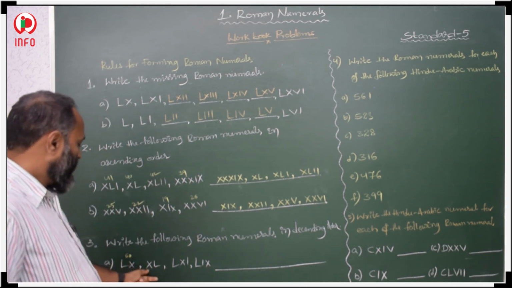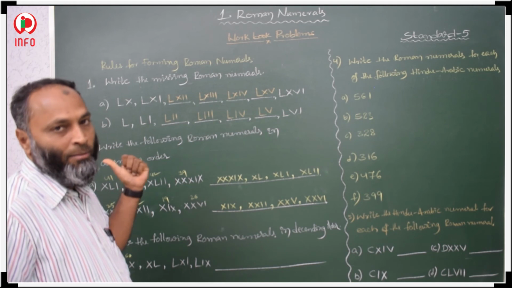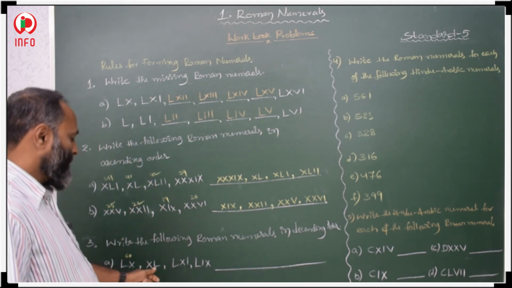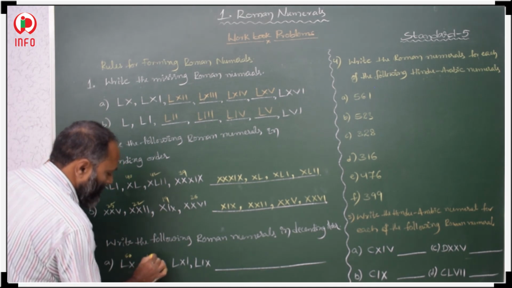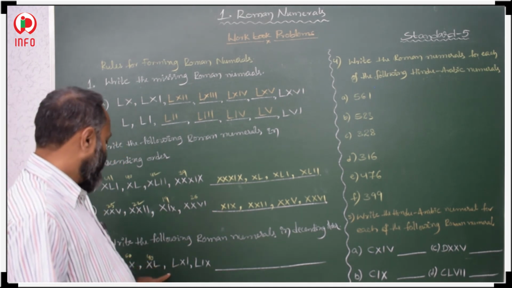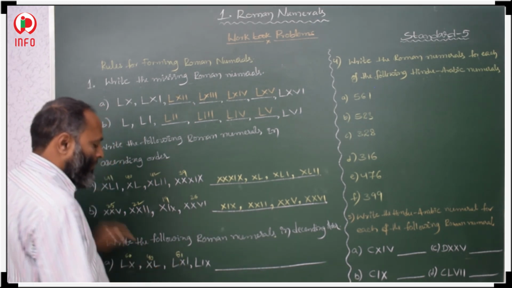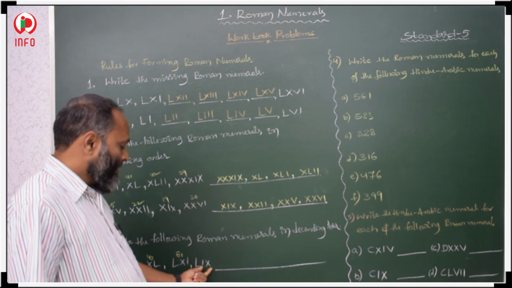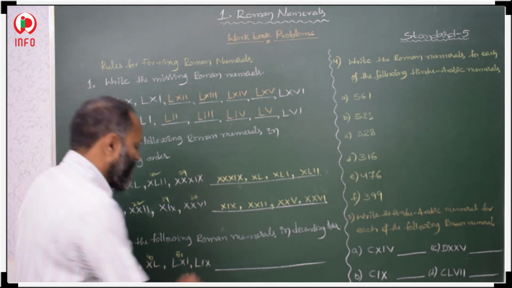Here XL: X is on the left side of a bigger Roman numeral, so we subtract 50 minus 10, that is 40. LXI means 60 plus 1, 61. L is 50 and this is the representation of 9, 50 plus 9, 59.